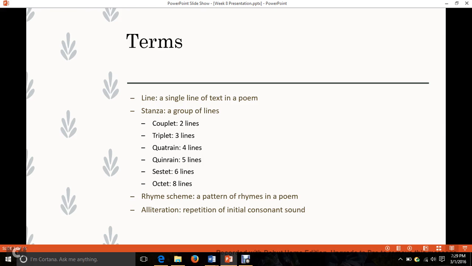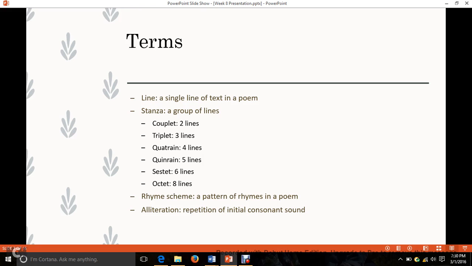Rhymes, of course, are words that end in similar sounds, and a rhyme scheme looks at whether a poem has a particular pattern in the ends of lines that rhyme.